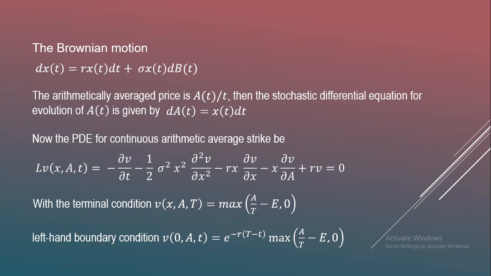Here T is the expiry date and E is the strike price. And the left boundary for X equals 0 equals the exponential of negative interest rate times T minus t, multiplied with the terminal condition, that is max of A_T over T minus E, 0.